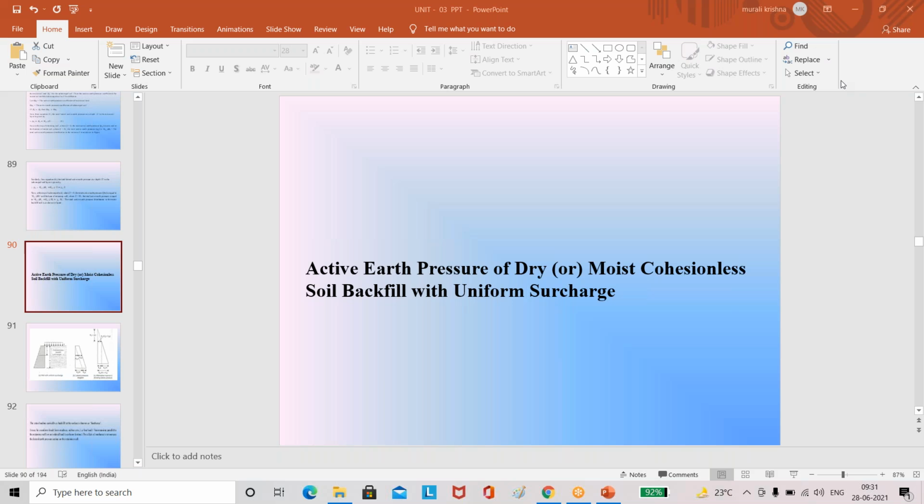In the previous classes, in that Rankine's active earth pressure theory, I explained the Rankine's active earth pressure equation by using Mohr stress circles.